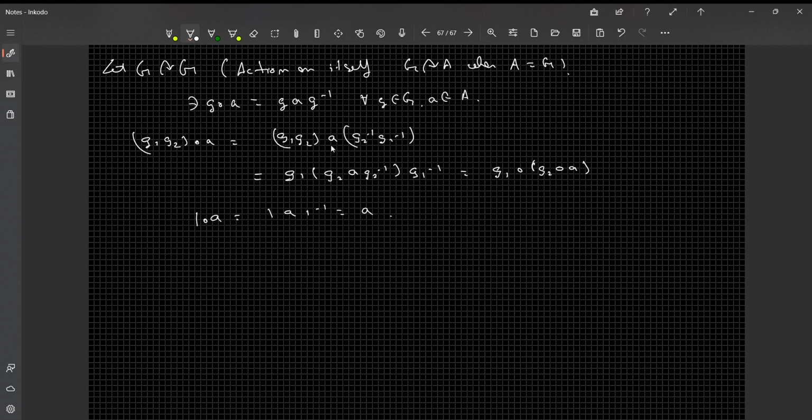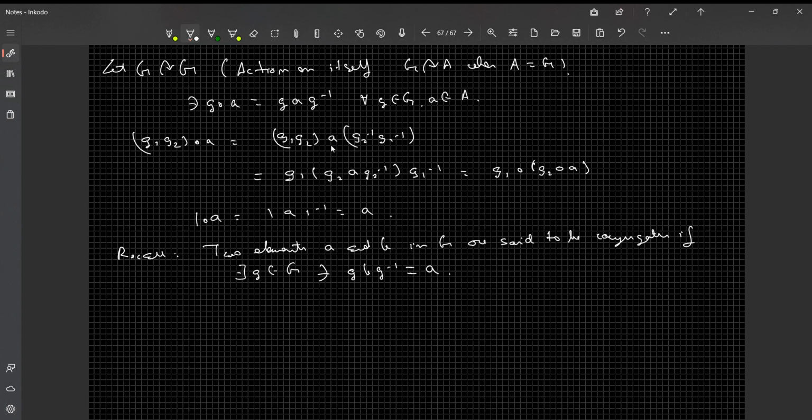Previously, notice that we had defined the concept of what a conjugate is. If I recall, two elements a and b in G are said to be conjugates if there exists some small element g in capital G such that g b g inverse is equal to a.